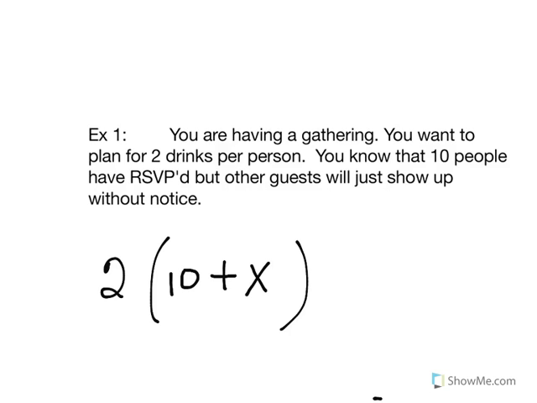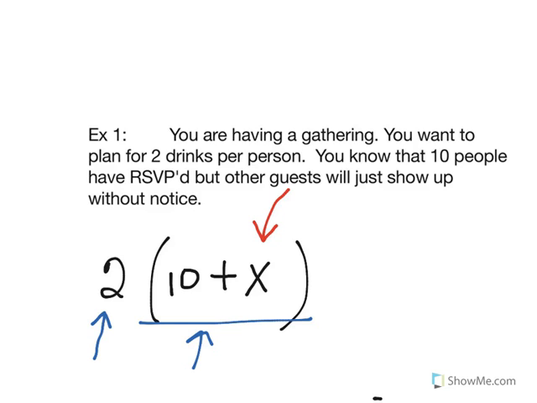And that's why in this case we would call something X, because it's an unknown number. So this setup makes sense to us in the sense that 2 drinks per person times however many people we have, and we know 10 people plus some unknown number.